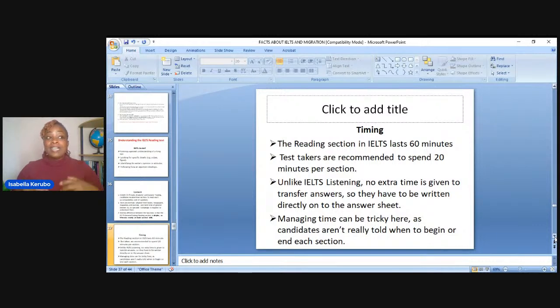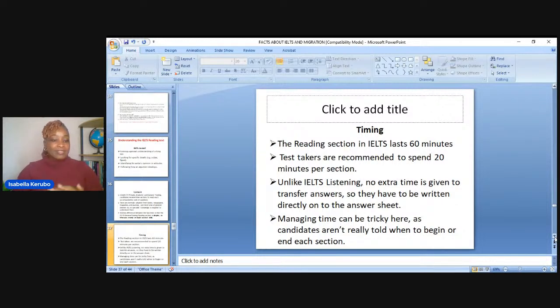And remember, at the end of the test, you are going to hand in your question paper. You don't need to erase anything that you wrote there, because at the end of the day, nobody is going to mark the question papers. At the end of the test, you have to hand in your question papers plus your answer sheets, but nobody is going to go through the question papers. So make use of the question paper. Write the notes as much as you want.